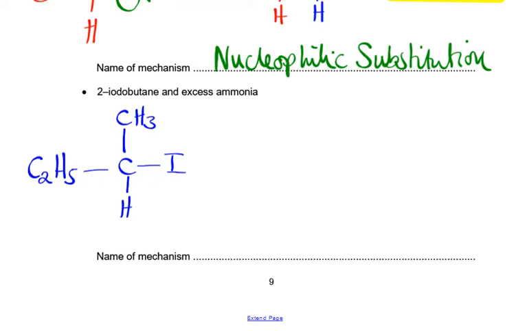So if you count the carbons there, you can see the longest carbon chain is 4. If I bring my ammonia along, I'm going to attack from over here this time. So that's meant to be 1 arrow, and then we're displacing the iodine. Okay, what will that give us?